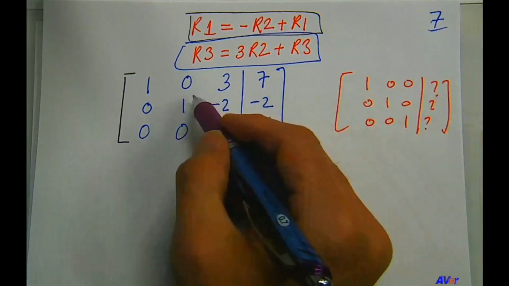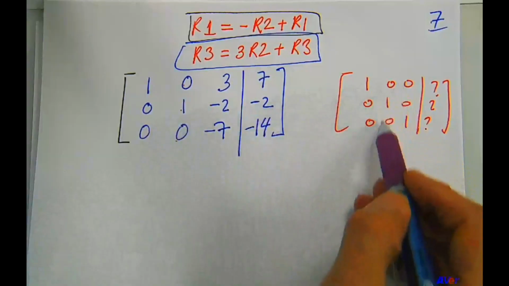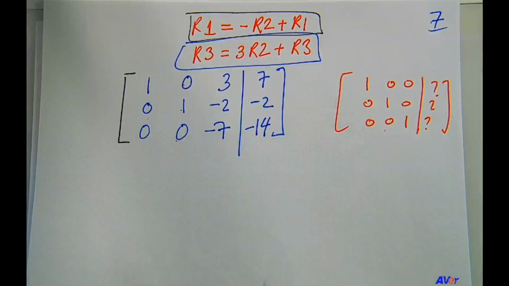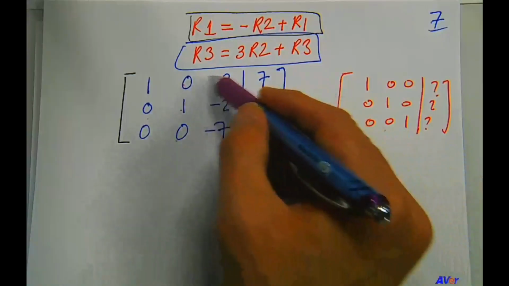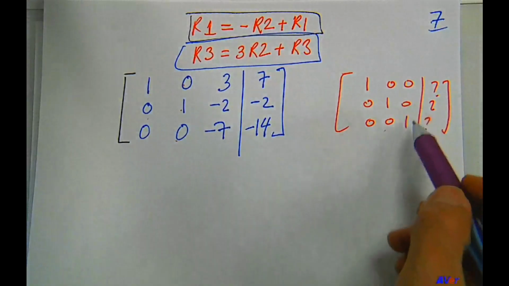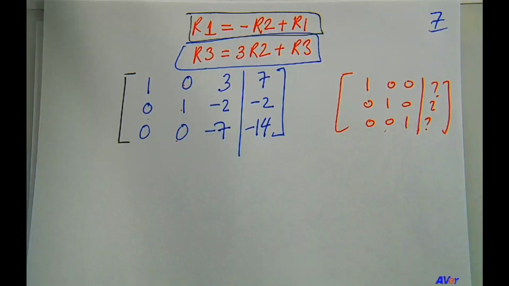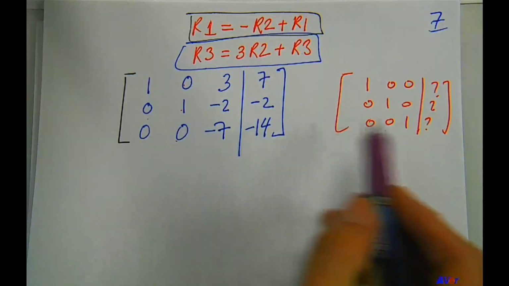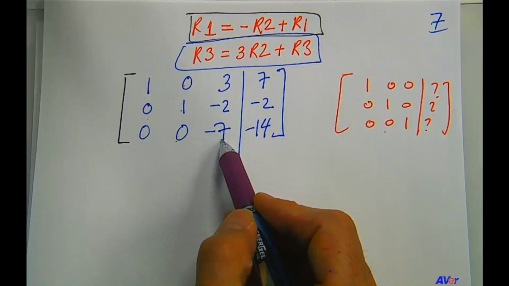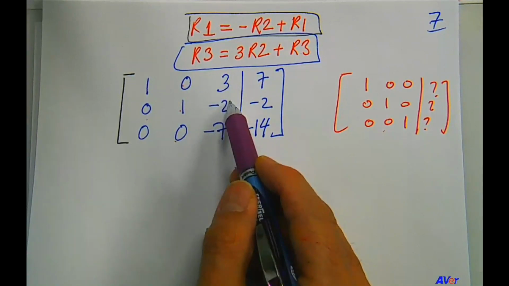The second column, we already got 0, 1, 0, and the first column is 1, 0, 0. So now we can focus on the third column. Please remember, in each column, the first number that you convert is the 1. That's the one you want to get first, and then you worry about the zeros.